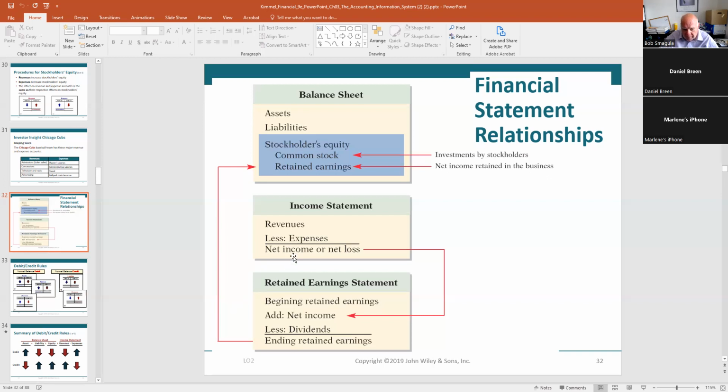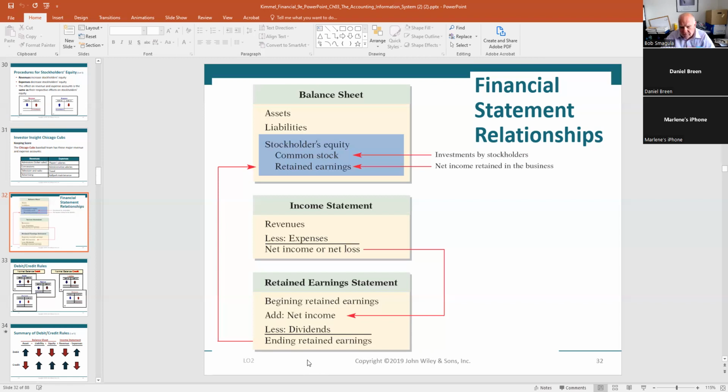We take it from the income statement, $1,000, and we increase retained earnings with this $1,000, and we will reduce retained earnings if they gave out any dividends. That in turn will give us the ending retained earnings.